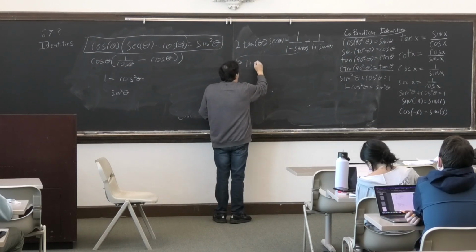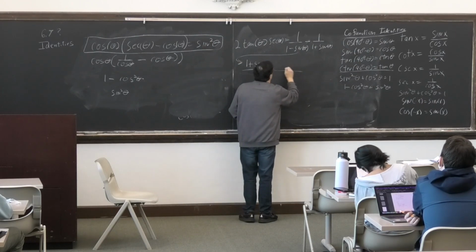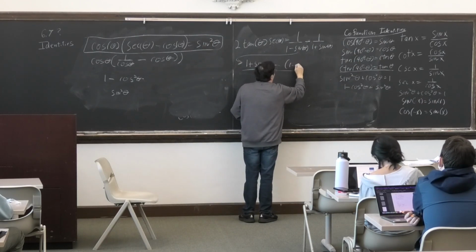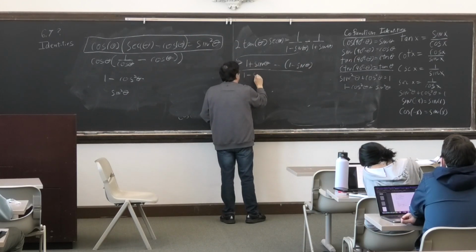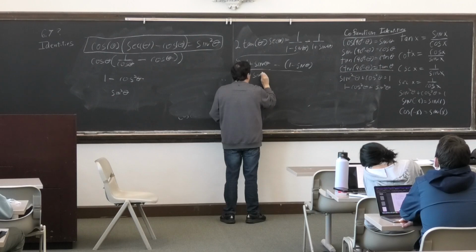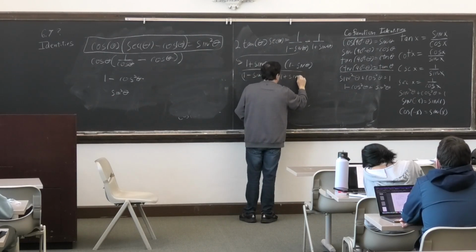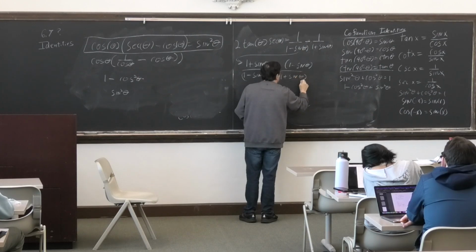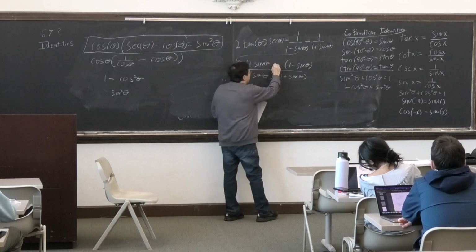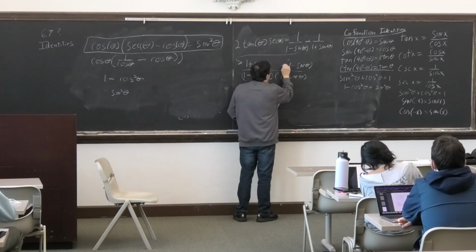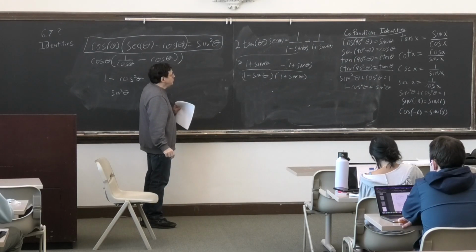So I'm going to get 1 plus sine of theta minus 1 minus sine of theta over 1 minus sine theta times 1 plus sine of theta. And we carry this minus through. This is minus 1 plus sine.